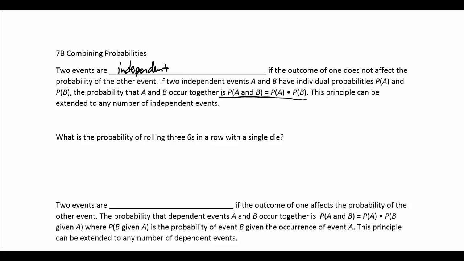Okay, so for example, if I am trying to track down a football player at the college, and I run down the hall and I grab the first student that I see.